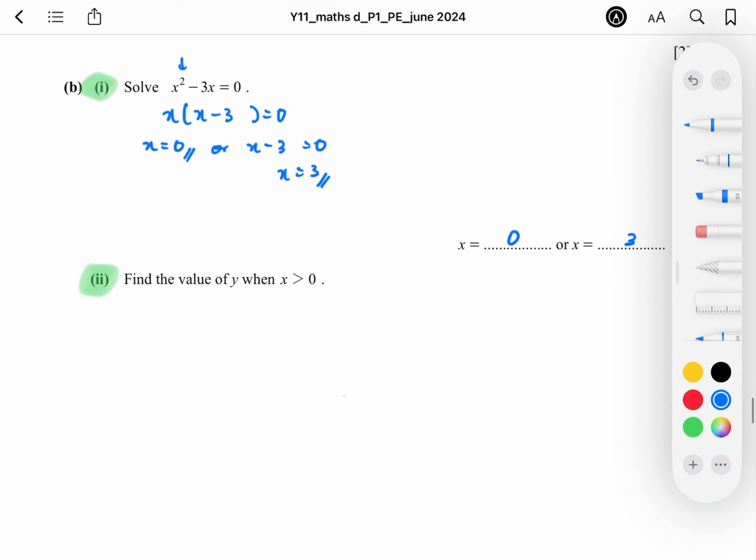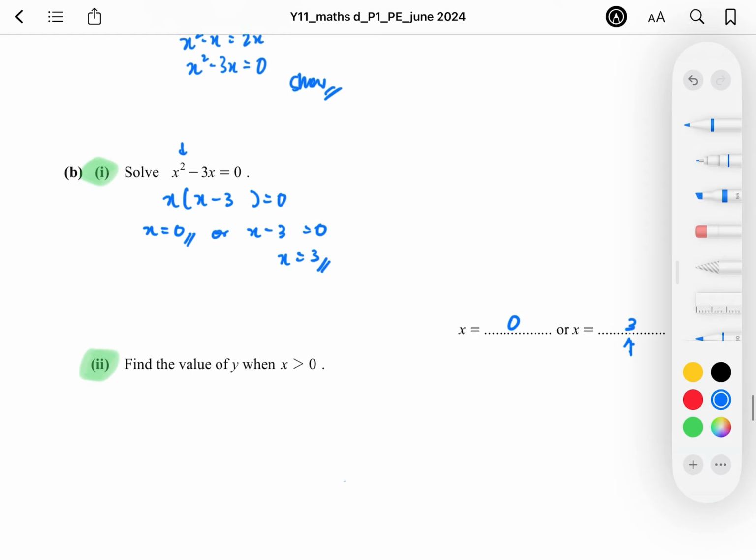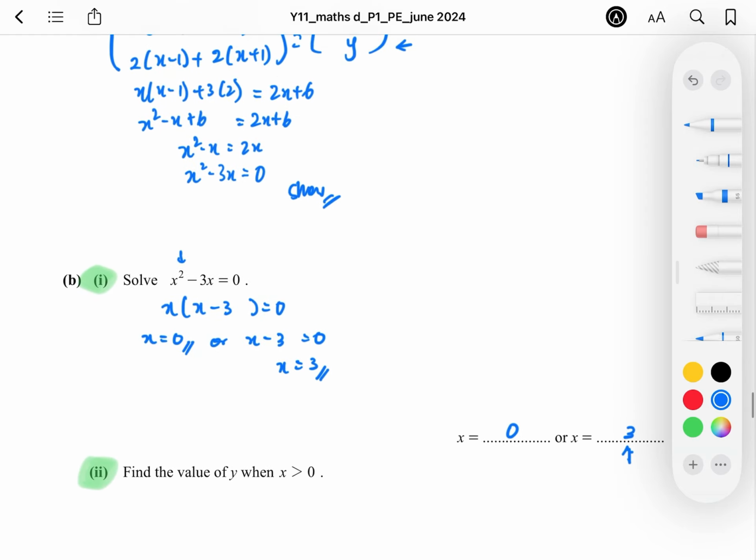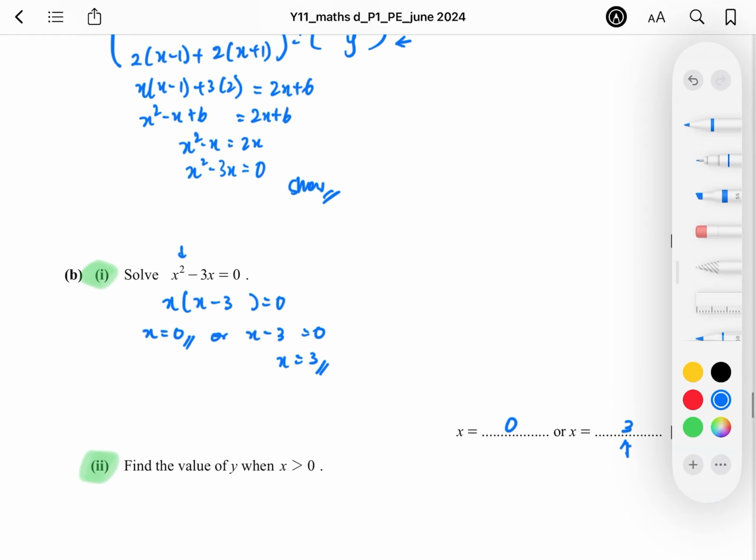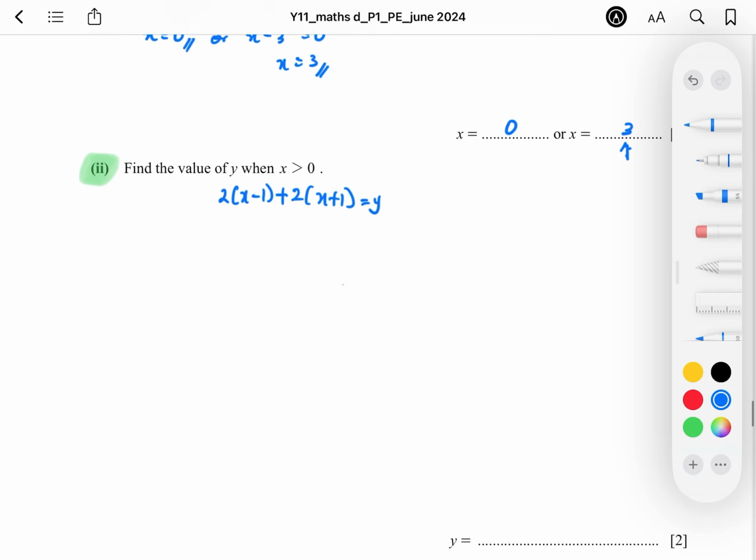The final question for this is finding the value of y when x is greater than 0. So obviously we're going to pick x equals 3. We're going to go back to our initial matrix there. So for y, that will be the second row. Let me write that down first.